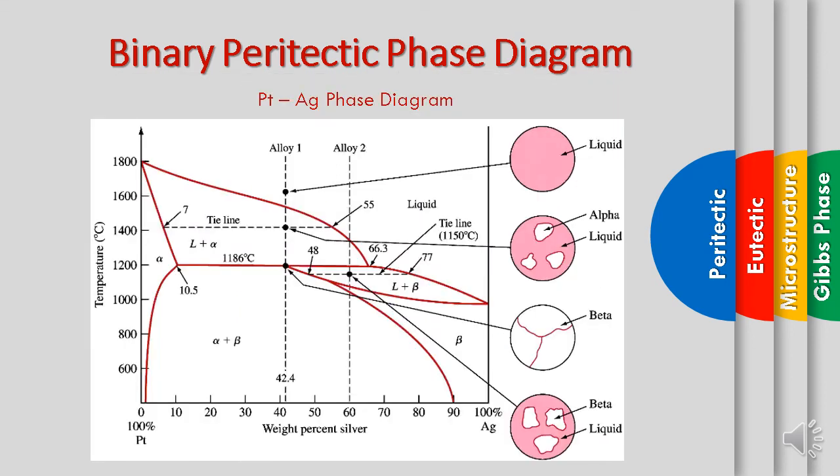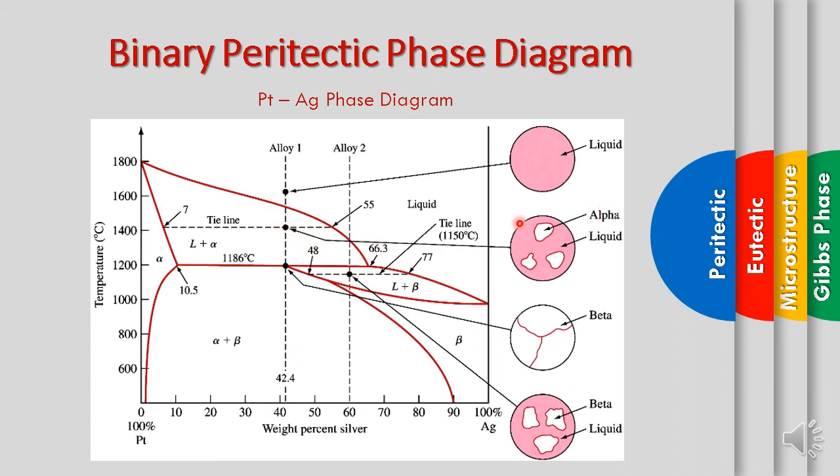So when we discuss at 42.4, we have several points here. The first one is at this point. Basically there is a region of liquid, so we have the liquid region at 100%. And then when it starts to cross, the process of alpha starts to nucleate and then hits this point, whereby we have the phases of alpha and liquid here.